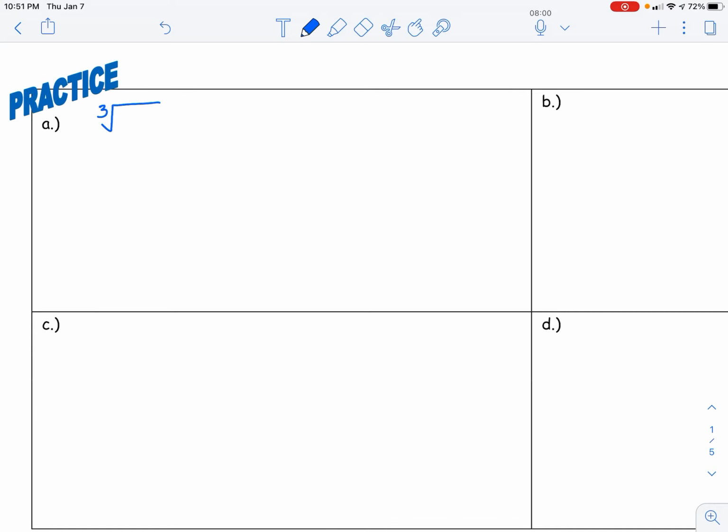So I'm going to go ahead and write the problem. The cubed root of 64 times the square root of 4. Alrighty, here we go. So I'm going to re-express 64 as 8 squared.